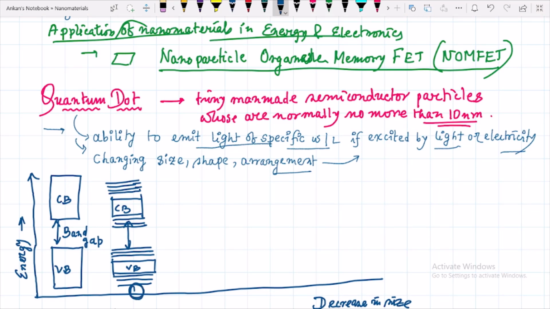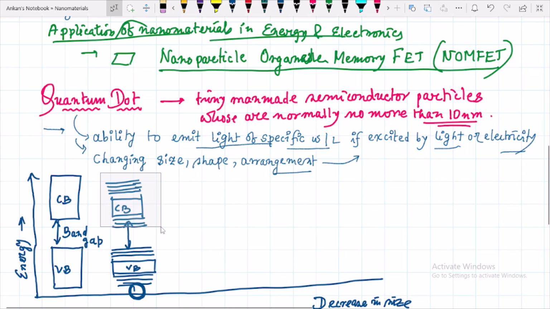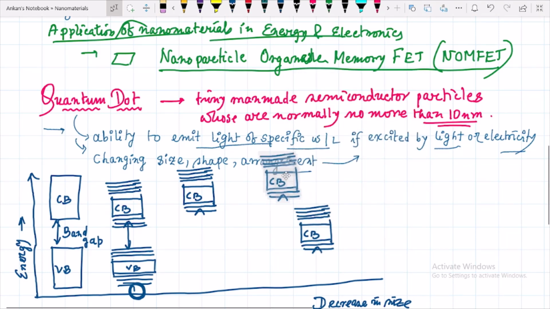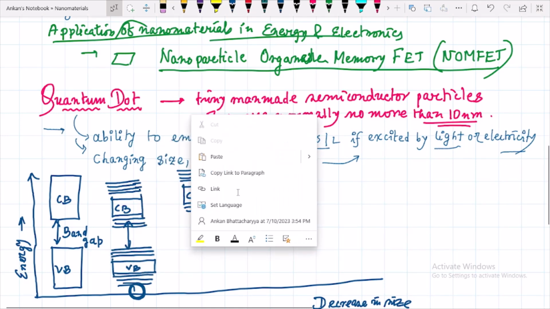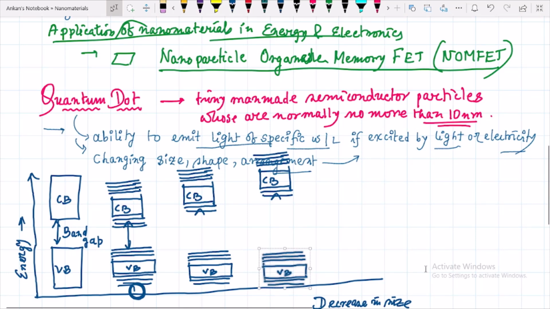Similarly, if the quantum dot has a size like this, suppose of the order of 10 nanometer, I can draw the same thing here, the same thing here also, but you can observe the only difference in these graphs is that the band gap increases as the size decreases.